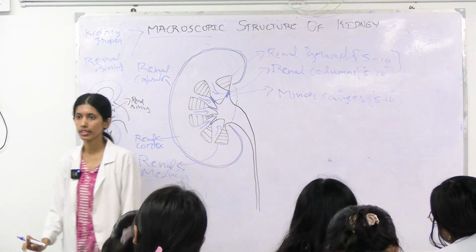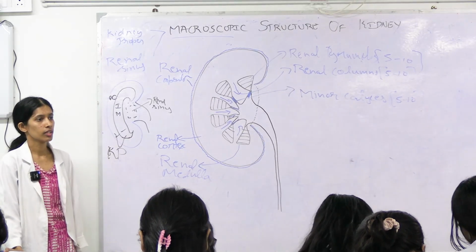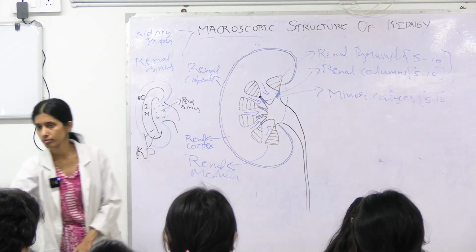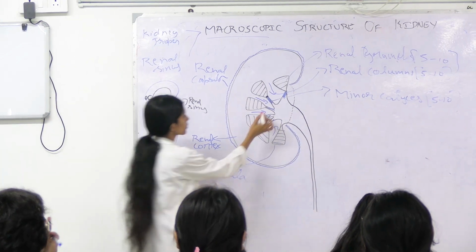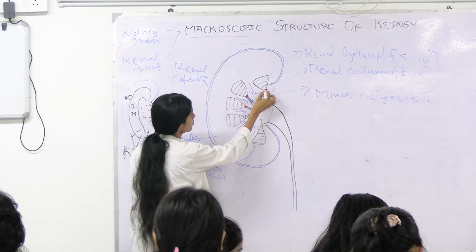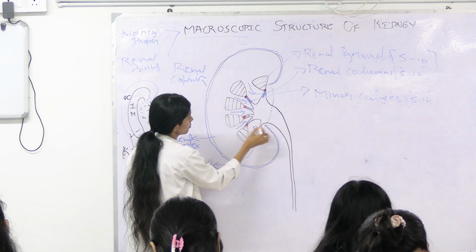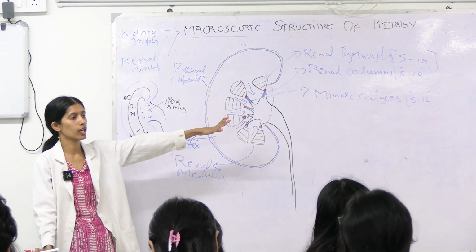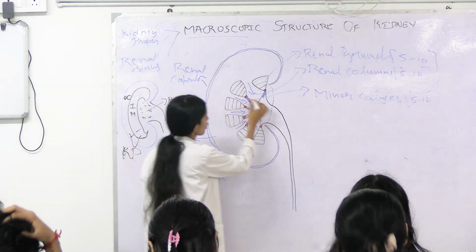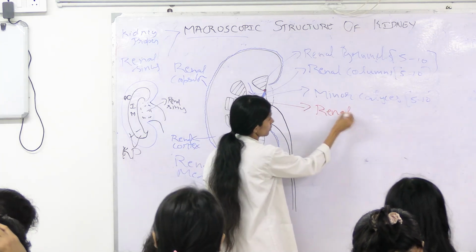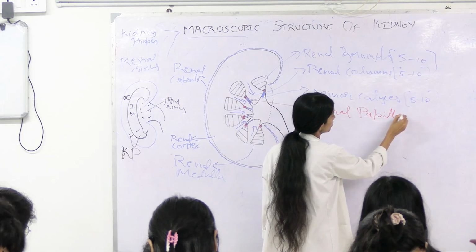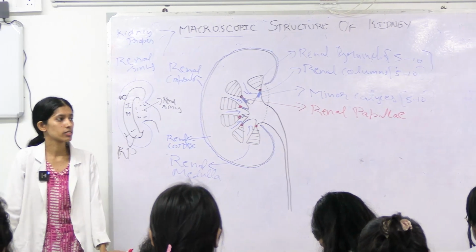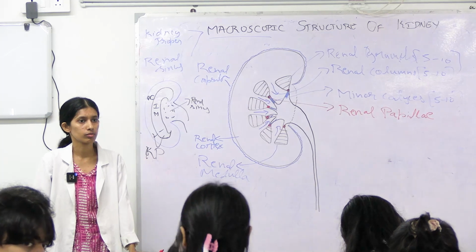And a small point of area, this one, where your renal pyramid is joining or entering into your minor calyces, is called the renal papillae. Okay, that point or that small apex is called the renal papillae.